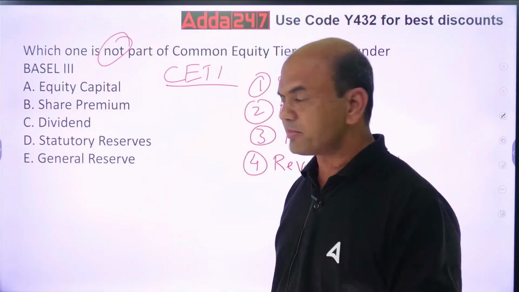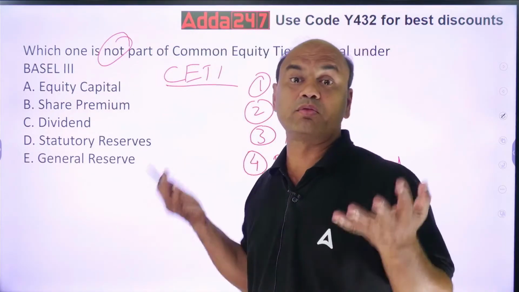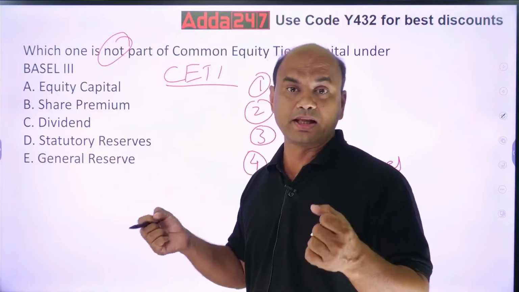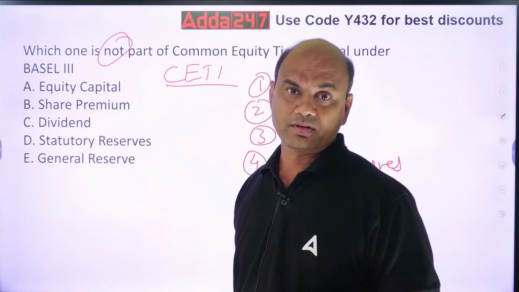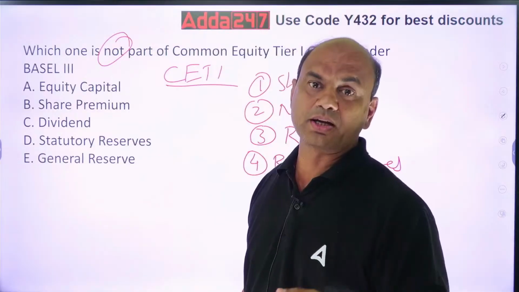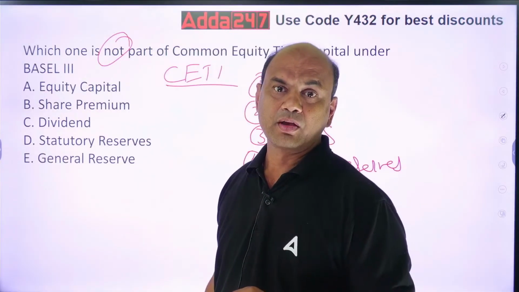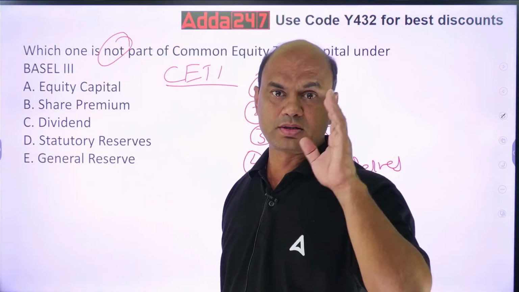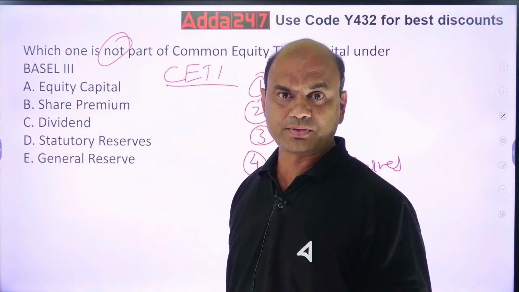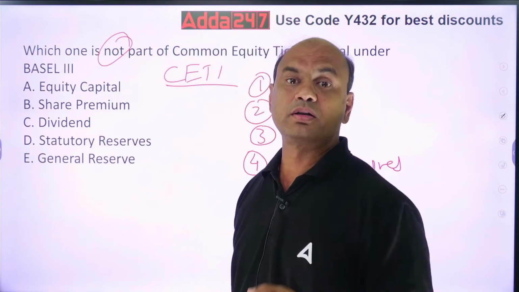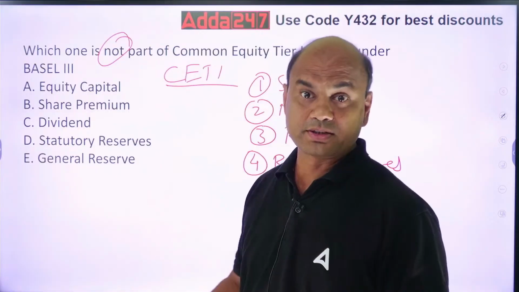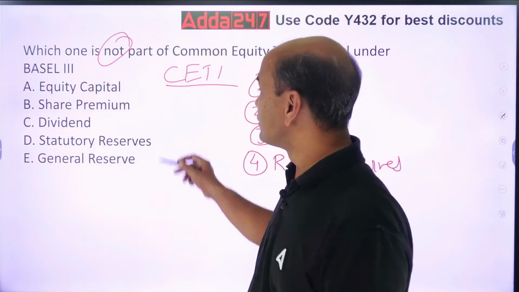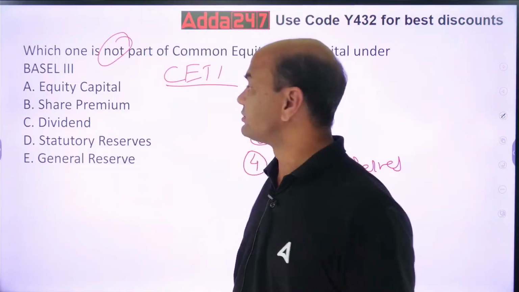This premium is a part of your CET1 because Reliance has earned this. If you start issuing shares tomorrow, will people give you 3000 rupees for 2 rupees face value? No. Reliance has earned the trust, so it's their money. So share premium is a part of CET1.